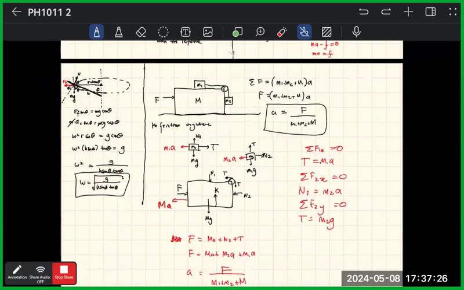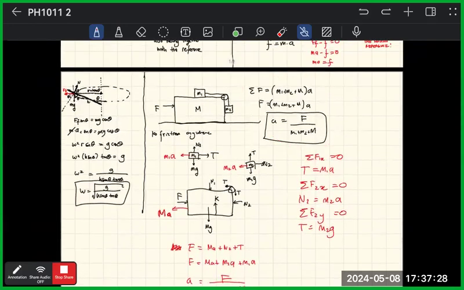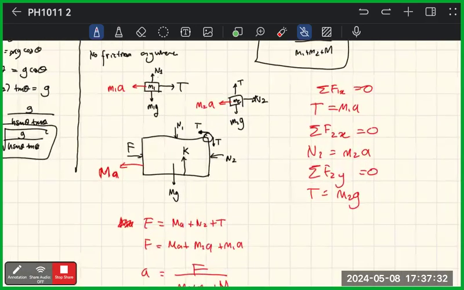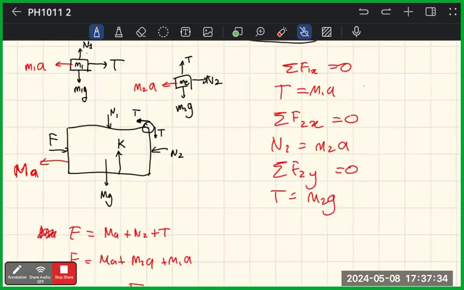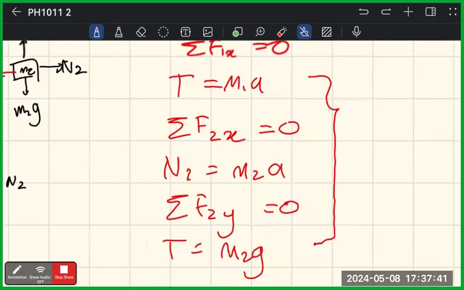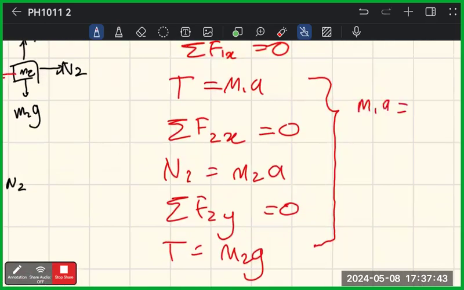But if you can see this the first time you see the system, it's very good. It cuts down a lot of time. Because the next thing you'll do is equate T equals m1a and T equals m2g. So m1a equals m2g, so obviously A equals m2g over m1.